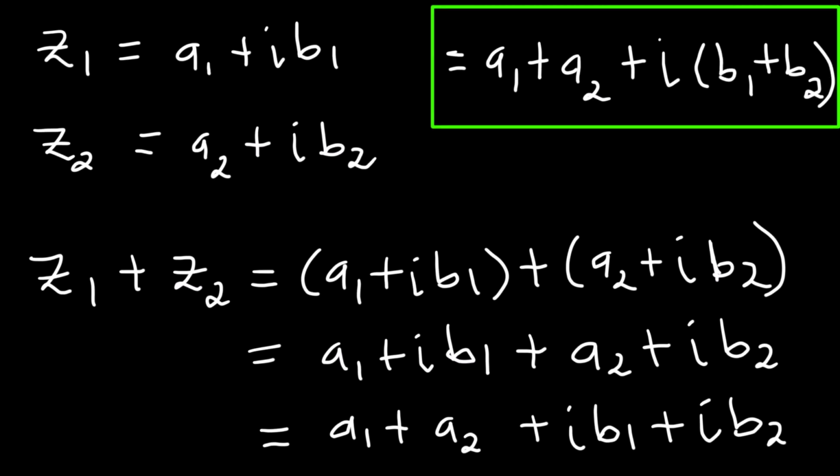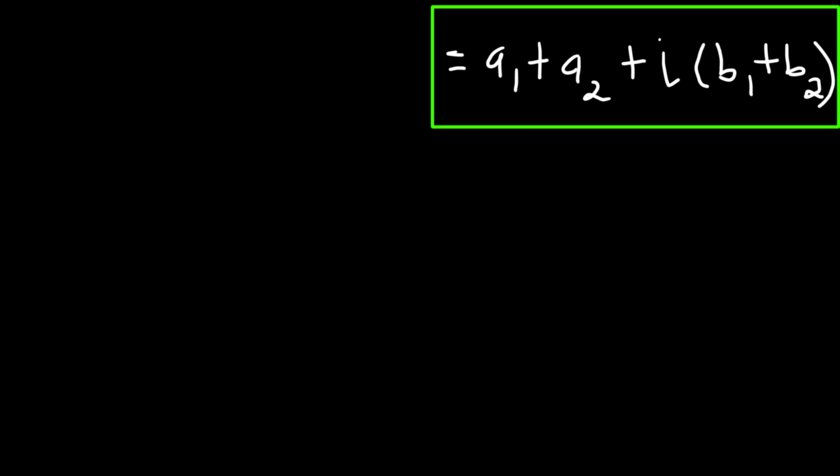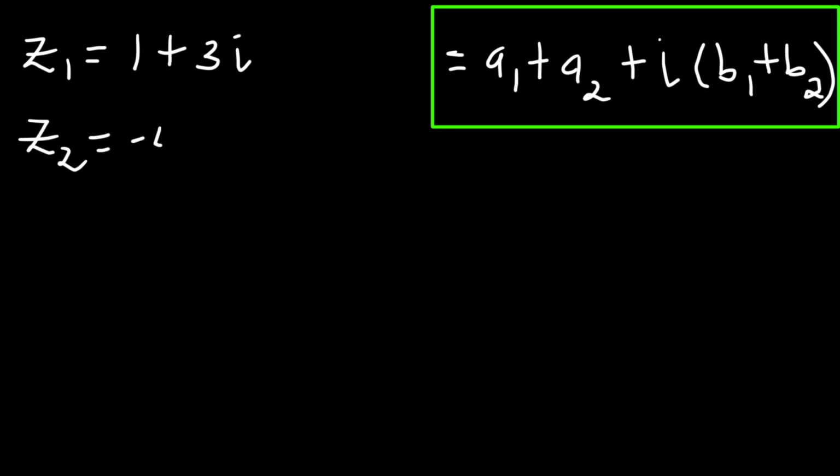So let's look at some examples. Let's say we have z1 equaling 1 plus 3i, and z2 equaling negative 4 plus 7i. Let's find z1 plus z2.